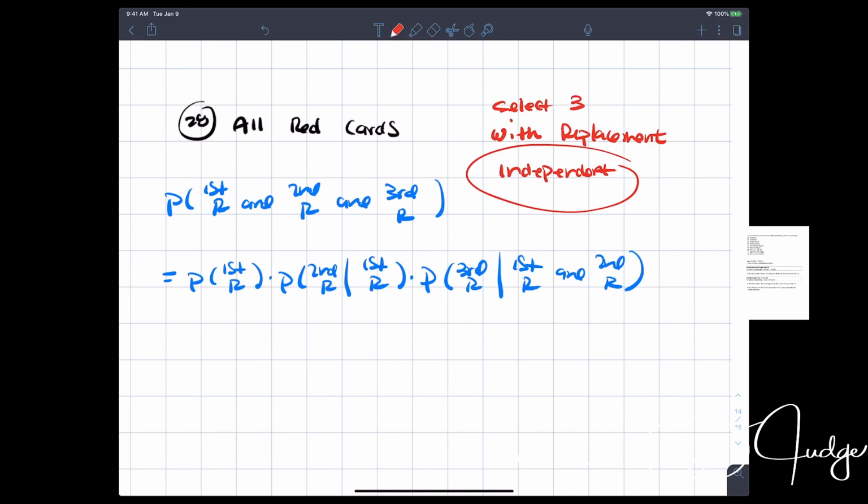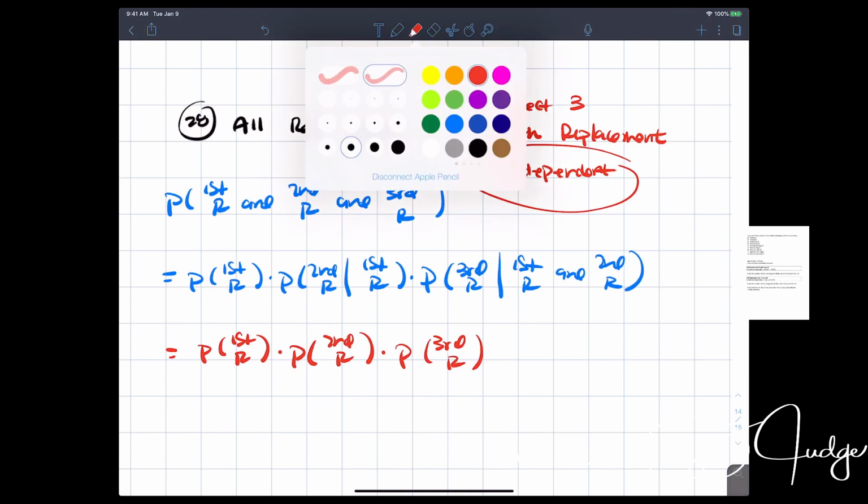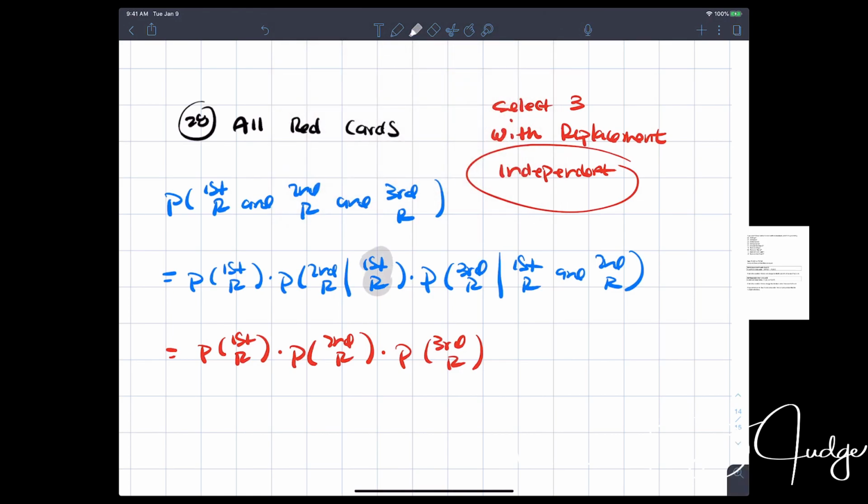So this is what it means. The chance your first selected card is red times the chance the second is red times the chance the third is red, because these events in the past have no effect on the present. The past has no effect on the present. That is why I can say to you guys, the probability the second is red is the same regardless of the past.